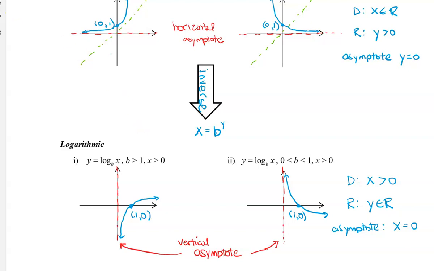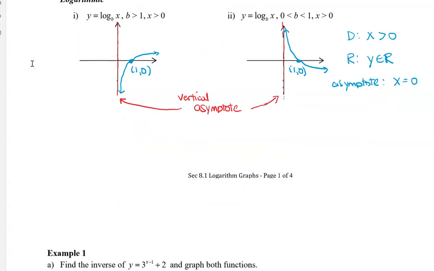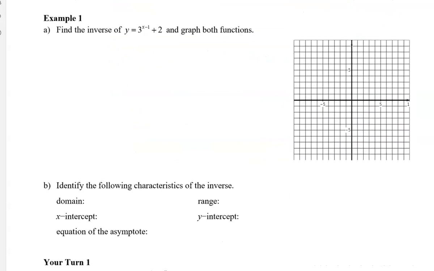So let's take a look at an example. I want you to find the inverse of this equation here, and then I want you to graph both functions onto the grid to the right. As a little review, let's find the inverse. We're going to swap our y and our x.